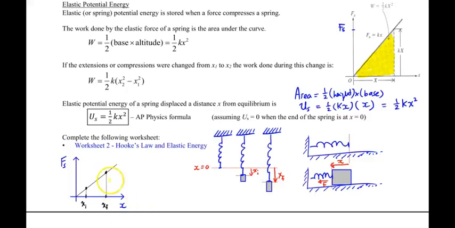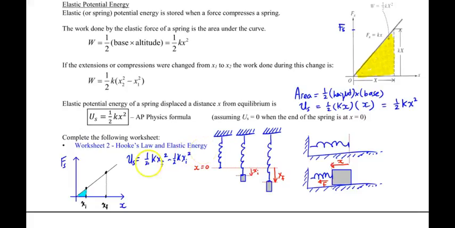Suppose you could use a trapezoid formula, but I would just say take the area of the large triangle, which would be 1/2 k x final squared, minus the area of the small little triangle right in here, which would be minus 1/2 k x initial squared.